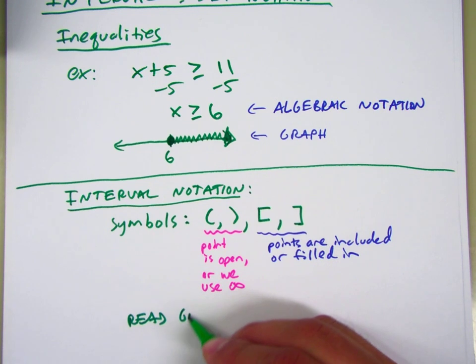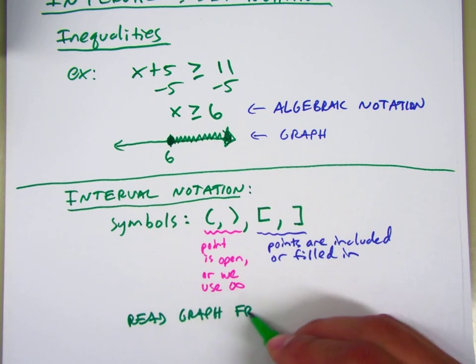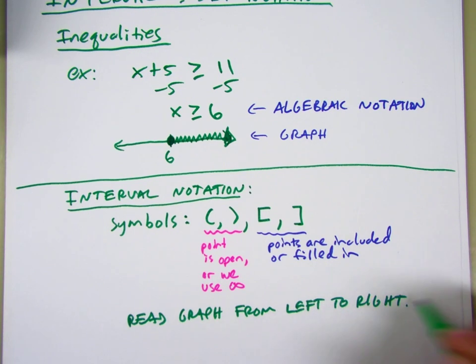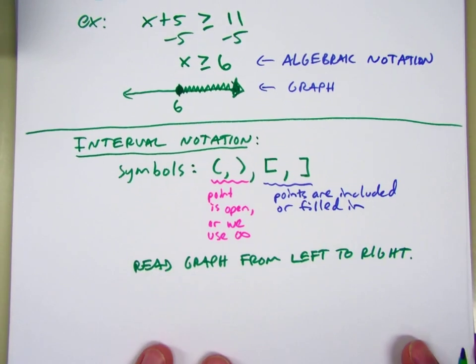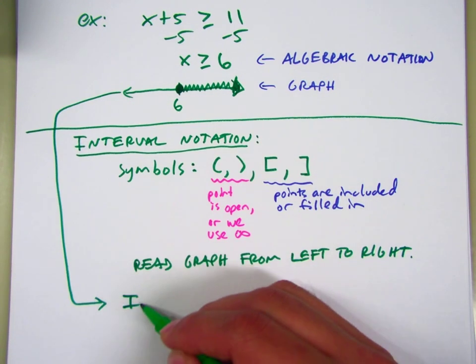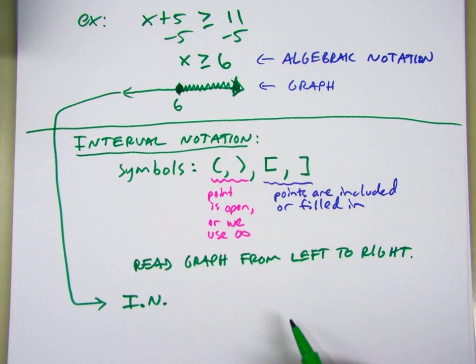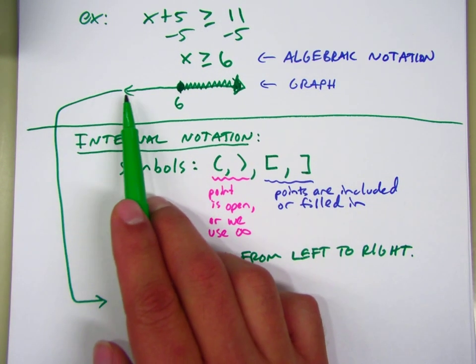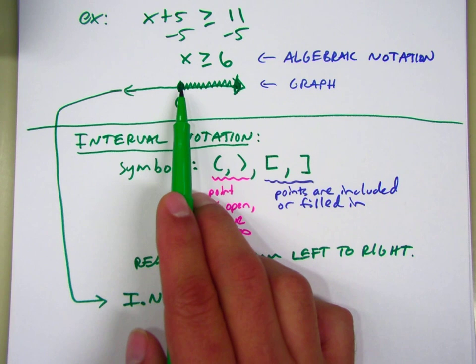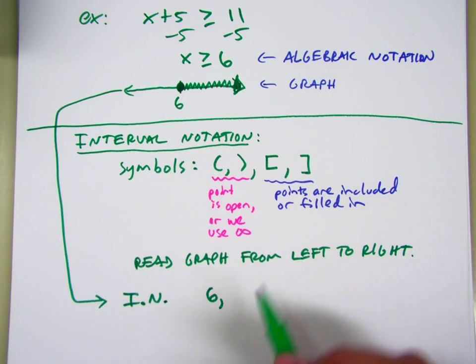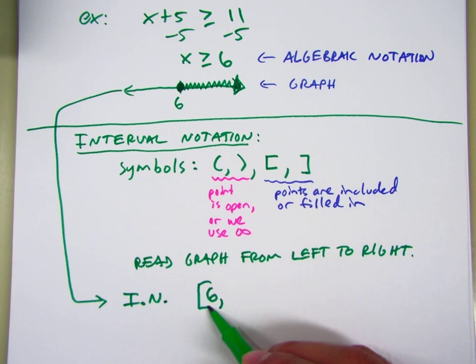You read the graph from left to right. And so for the previous graph, here's how you would do it. If I'm reading this graph from left to right, the first point on the number line that's part of our answer is this filled in circle, which is at 6. So we write down 6, comma, and since that 6 was filled in, we use a bracket to indicate that.